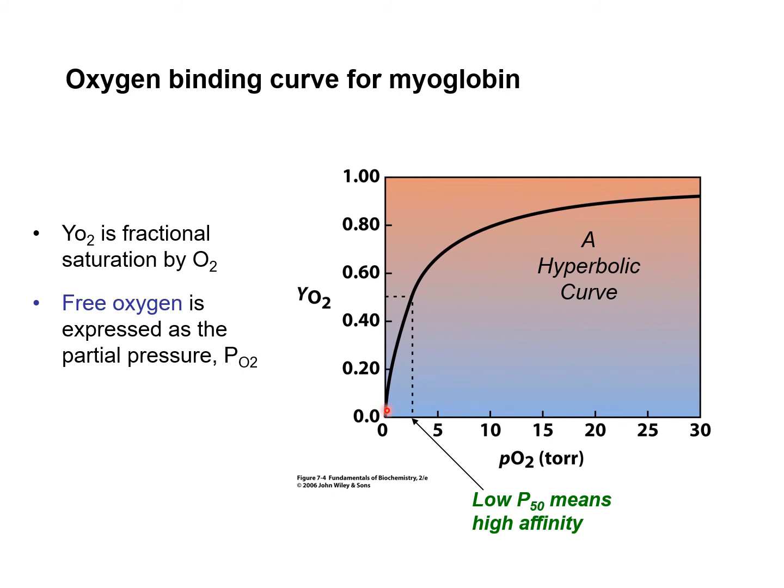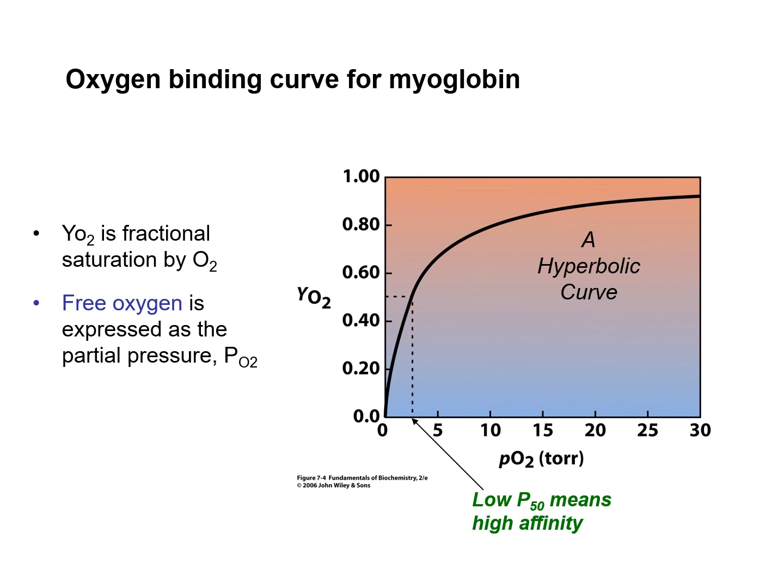And as you can see, this shows a hyperbolic curve, so there are dramatic changes at the beginning where x values are small, but as the x-axis values get bigger, there are smaller changes in YO2. That means when there's a little free oxygen present, there are going to be dramatic changes in the saturation of the myoglobin. So myoglobin will quickly pick up the oxygen and be saturated.